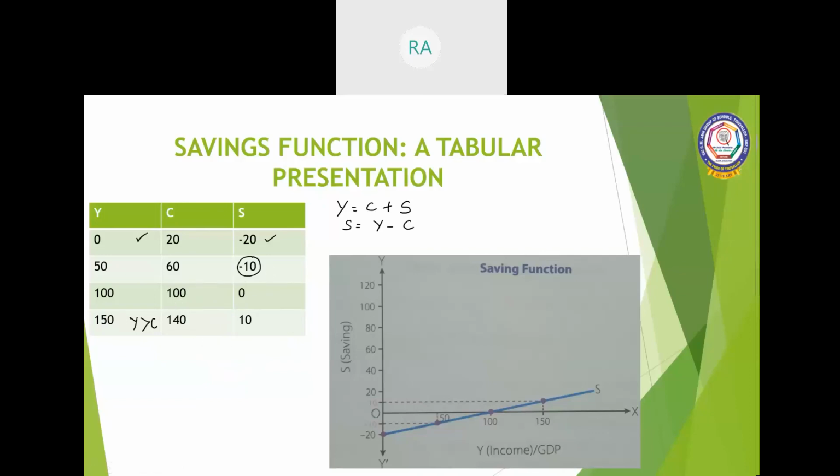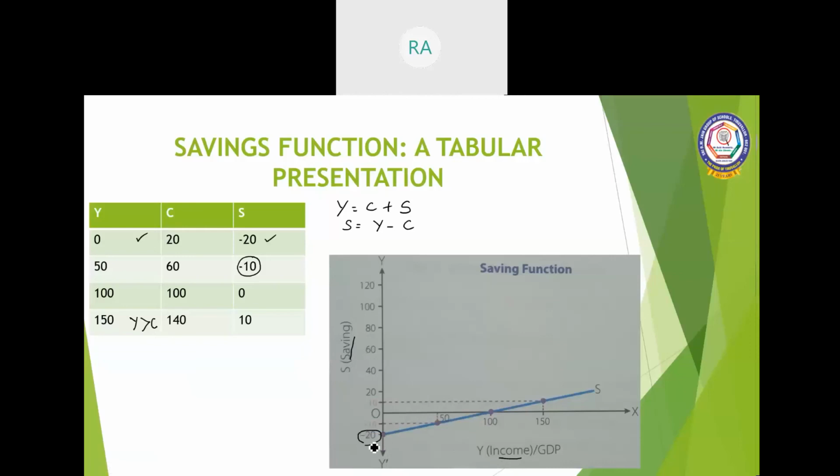Now let me give you a clear explanation with the help of this diagram. Savings is measured on the y-axis and income is measured on the x-axis. The savings line starts from minus 20.